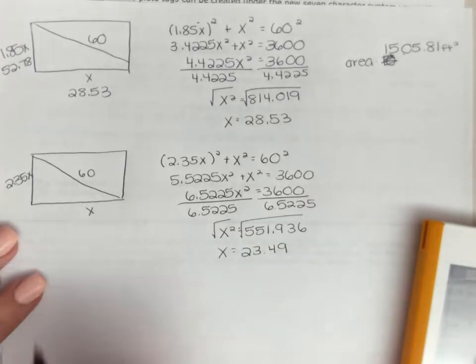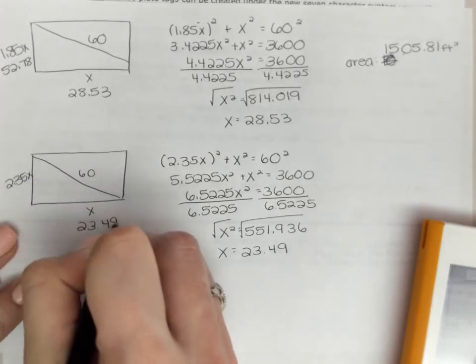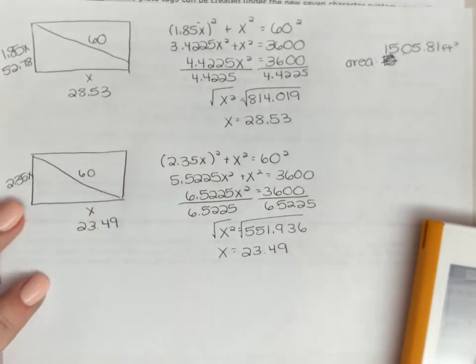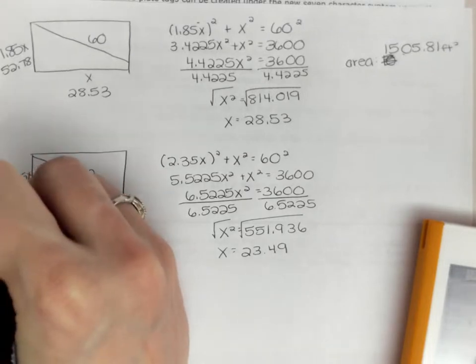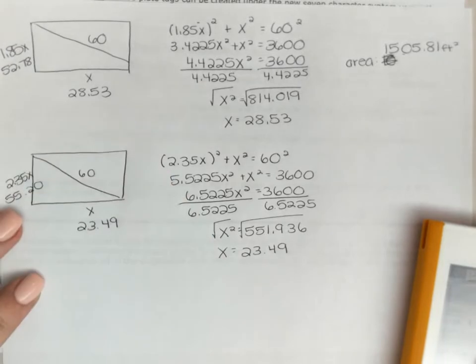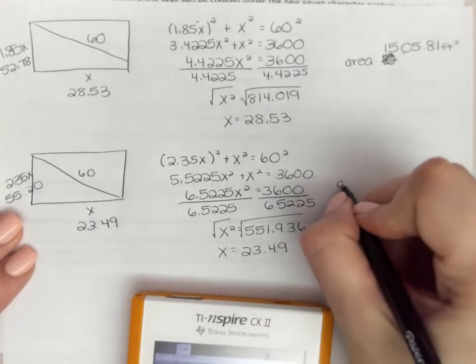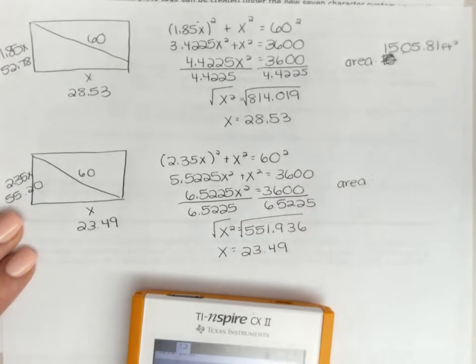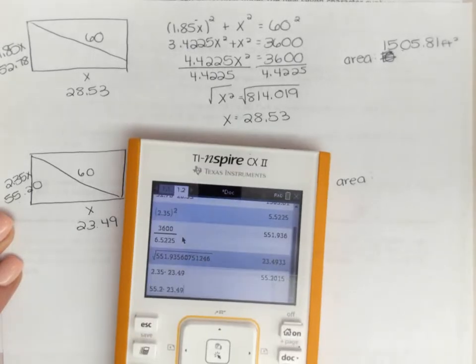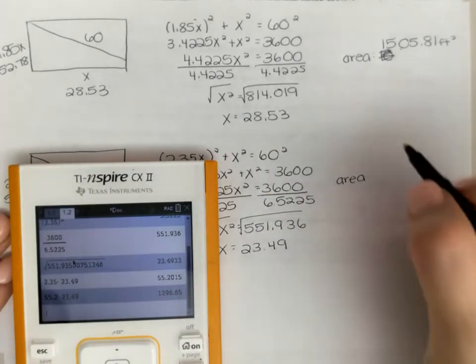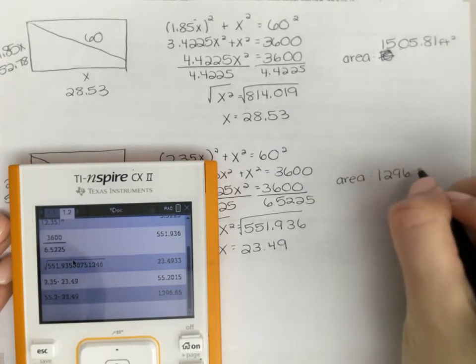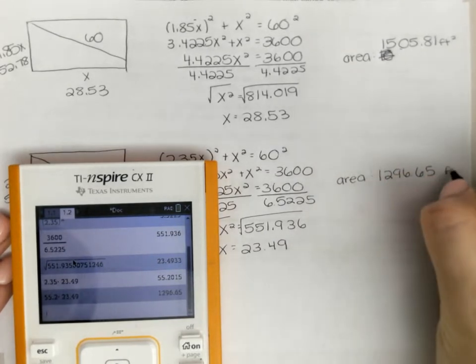So when we plug it back in, this side is 23.49. To get the other side, 2.35 times the 23.49, and we get 55.20. To find the area, we multiply those two side lengths together, 55.2 times 23.49, and we get 1296.65 feet squared.